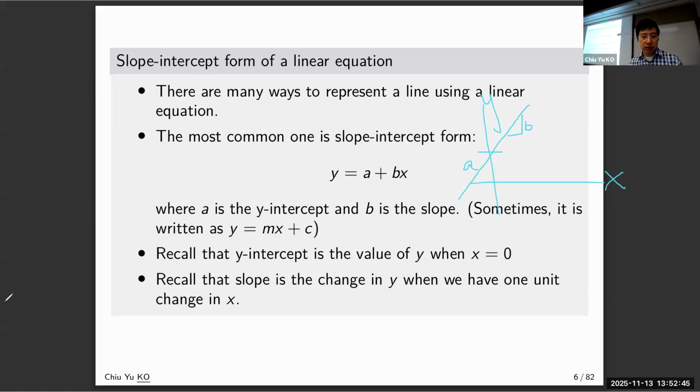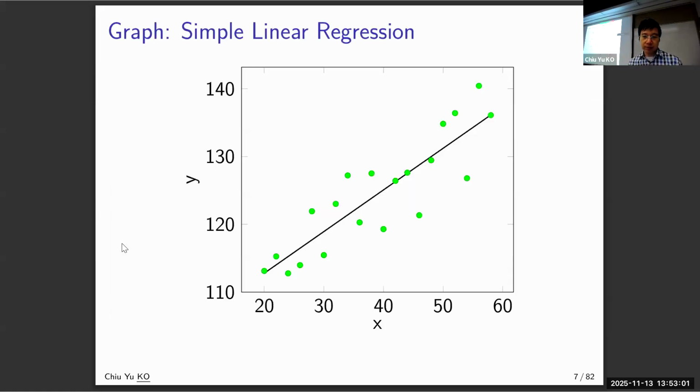Okay, so just make sure that you remember this, what we call the slope-intercept form. If you forget, just check back your high school course material. Of course, Wikipedia or Google or any AI will be your friend to explain it to you as well. So that will be what we call the simple linear regression, as the data show you.